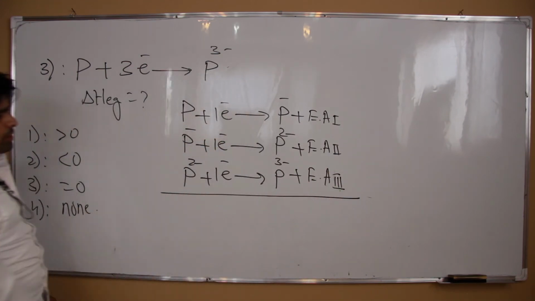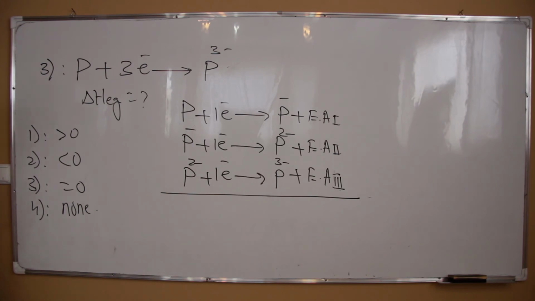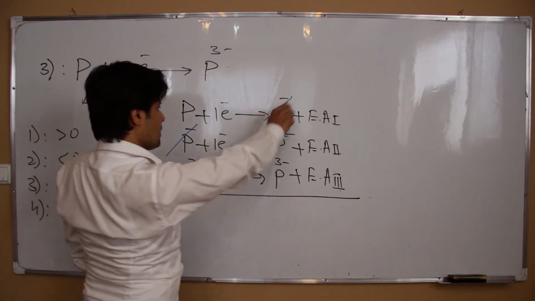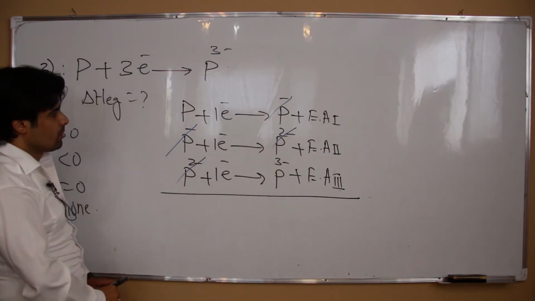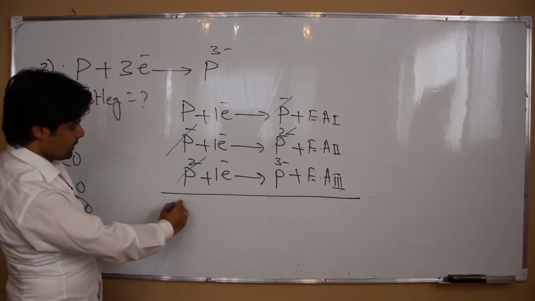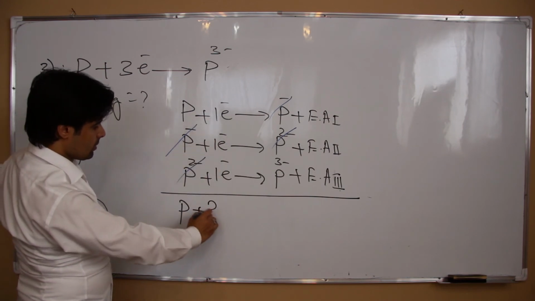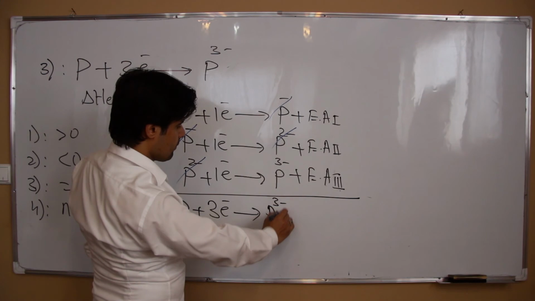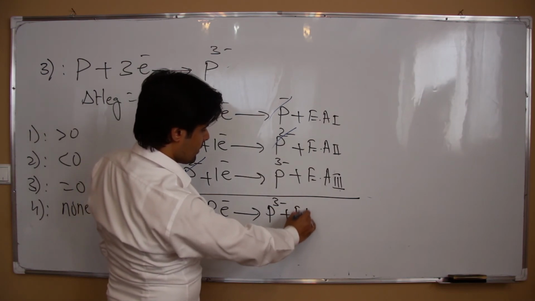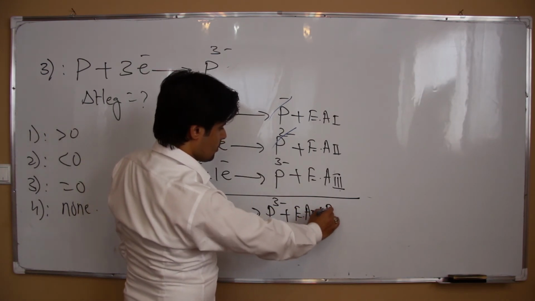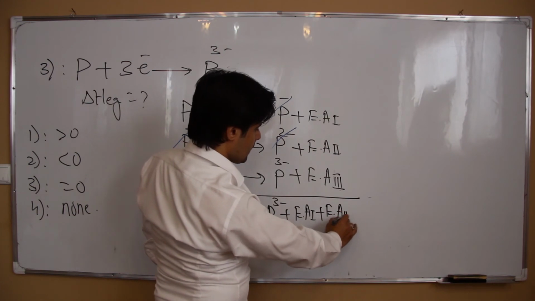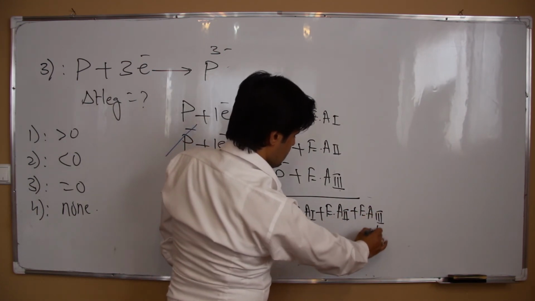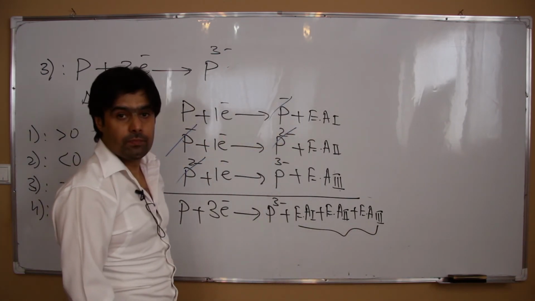Now you can add these 3 equations. I think that you can cancel these intermediate species, and we have phosphorus plus 3 electrons, and we have P3 negative plus electron affinity first plus electron affinity second plus electron affinity third. Now what is the summation?